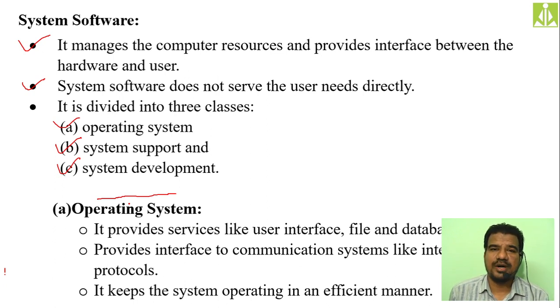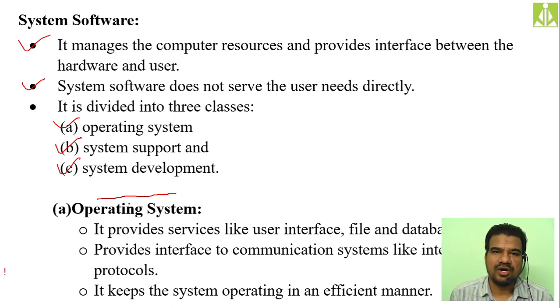In order to load the operating system, we have to turn on the computer, switch on the mobile phone. Once the mobile phone is switched on, then you can perform all operations, all actions without any difficulty, isn't it? So there comes the importance of the operating system. And we have many examples of operating systems.